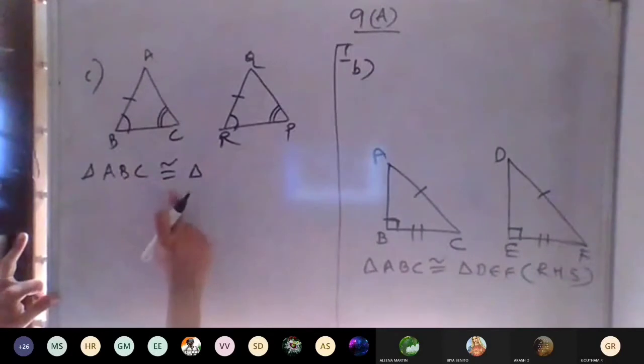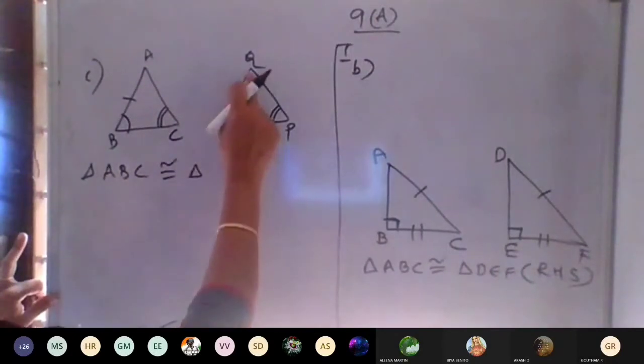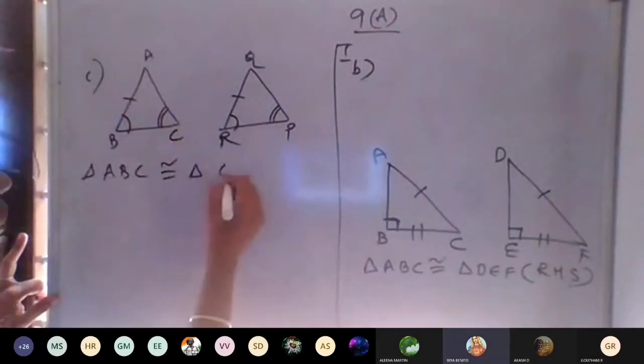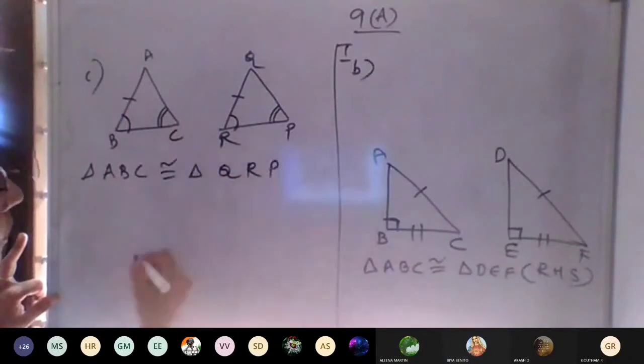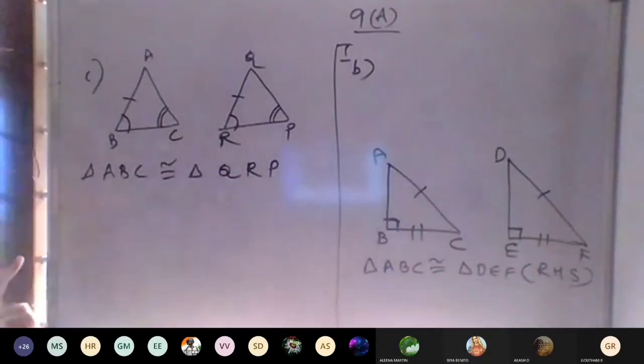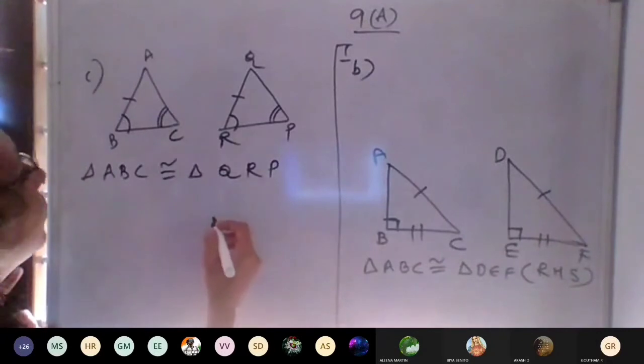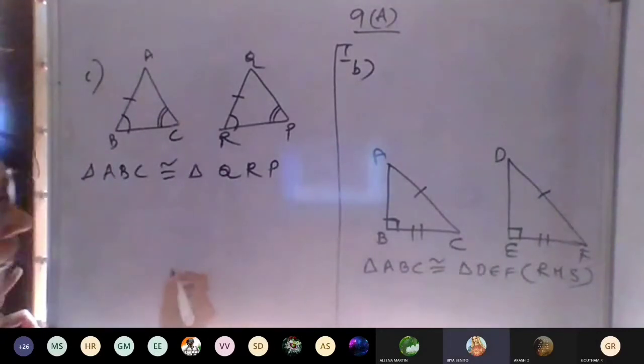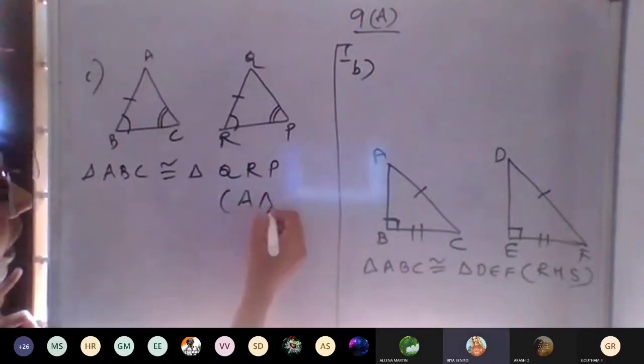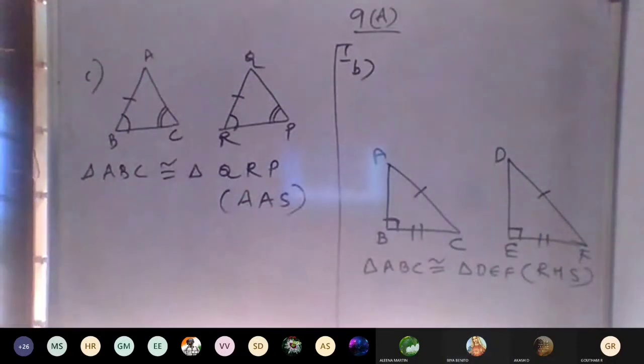Triangle ABC is congruent to triangle QRP. Very important. So using which one? AAS. Then do the next one.